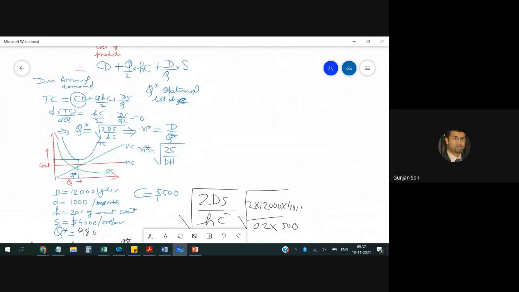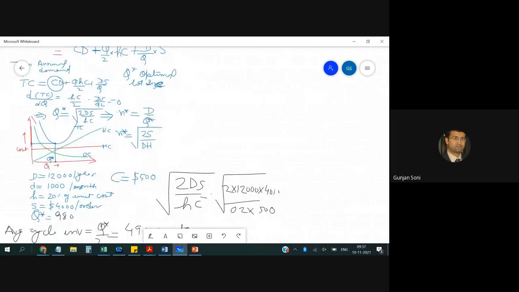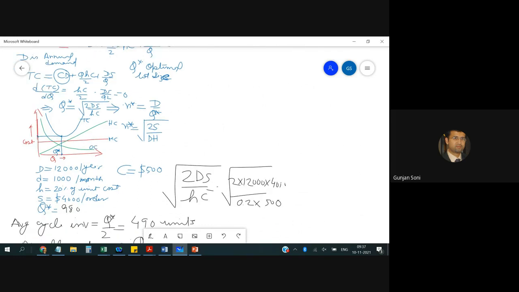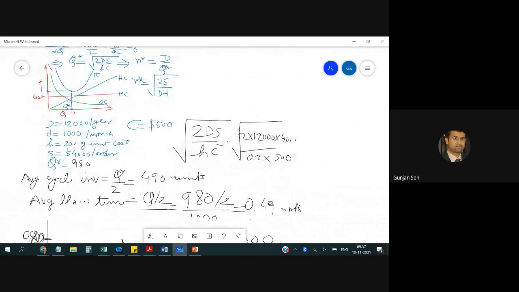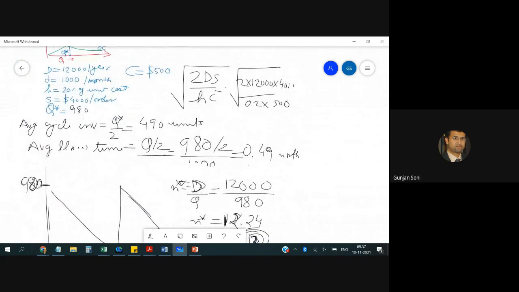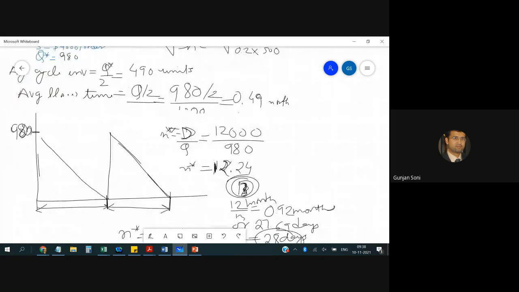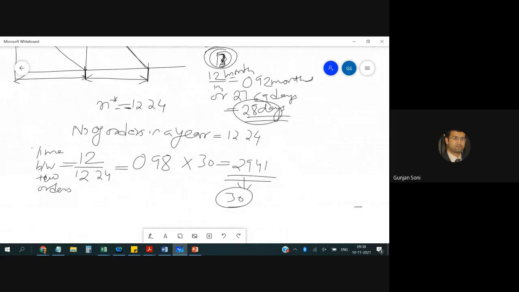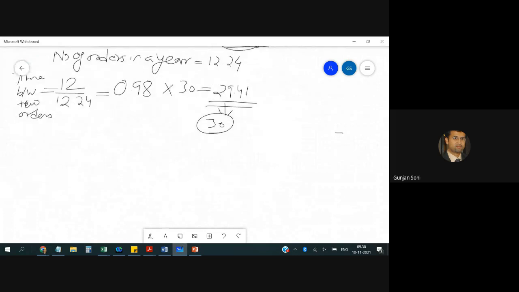After finding that, we found the total cost, and then we differentiated it with respect to the lot size. We found the formula for the optimal lot size, and n star value, that is the optimal ordering frequency. We took a problem, and in this we were supposed to find the optimal lot size, the optimal ordering frequency and the optimal reorder interval. So that's how we did all the calculations.